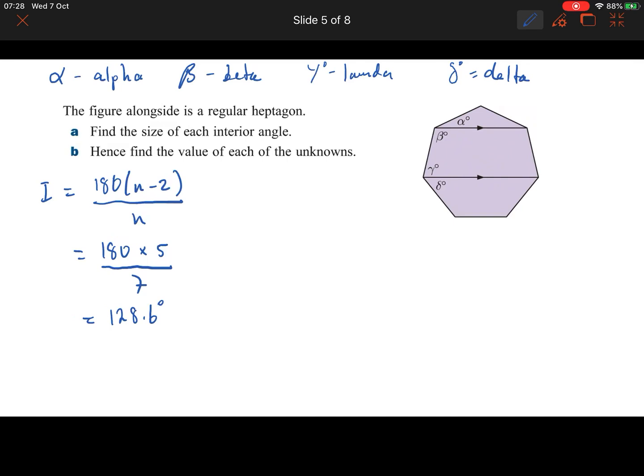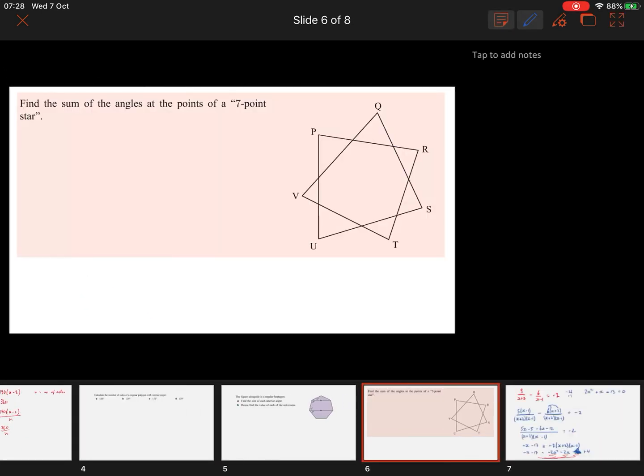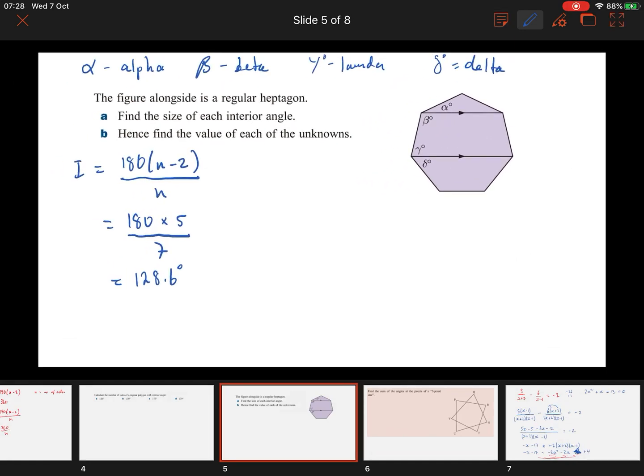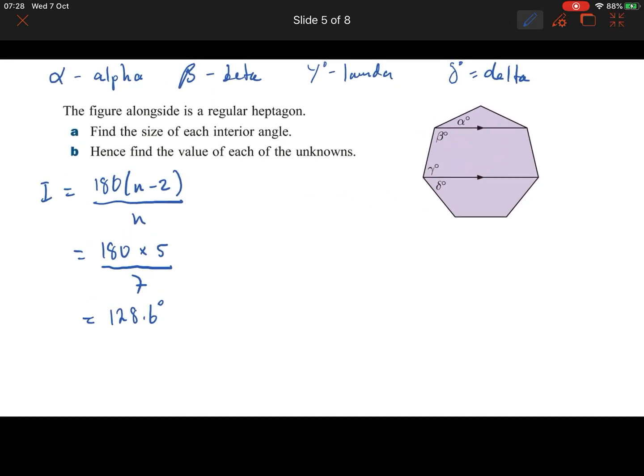Right, now we've got to find the size of the unknown. So I'm going to start by finding alpha and beta. And what I do first is I recognise that this is a triangle. Let me just use a highlighter. This is an isosceles triangle.